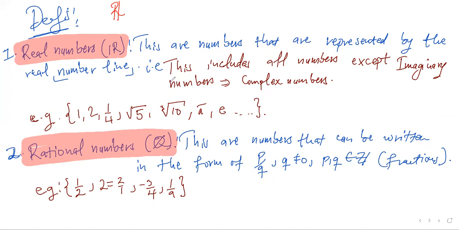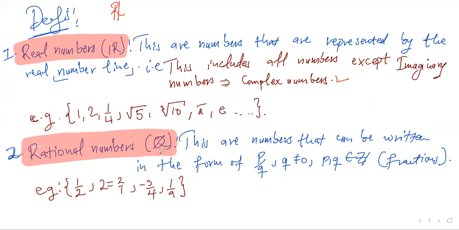This includes all numbers except imaginary numbers or complex numbers, what I was talking about. So the examples are all numbers that we can think of except those which have i, imaginary, something like 2i or i cubed. But i squared, it's real. But anyway, let's not go into that. Those numbers which have i, we know they are imaginary.